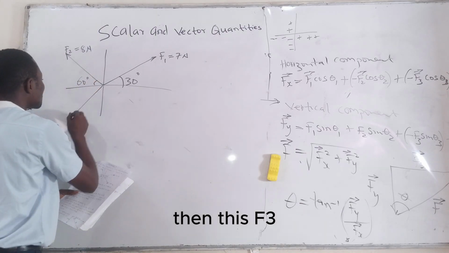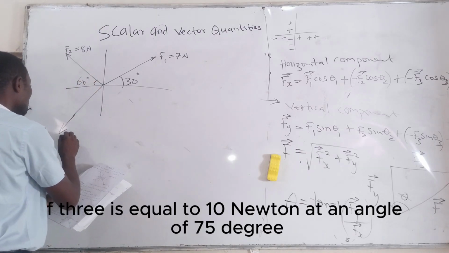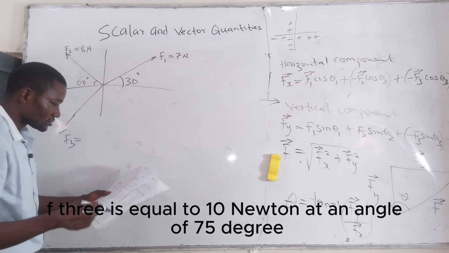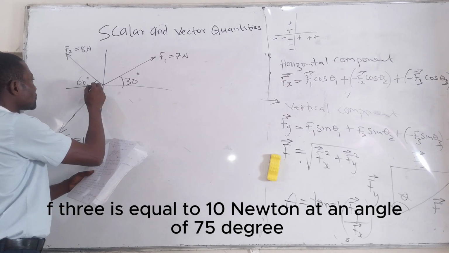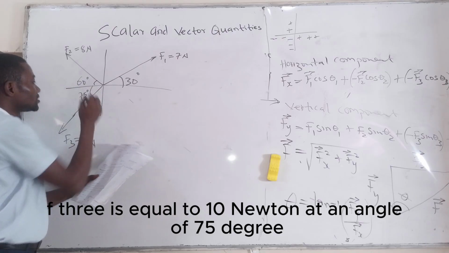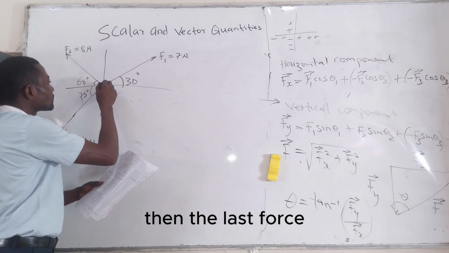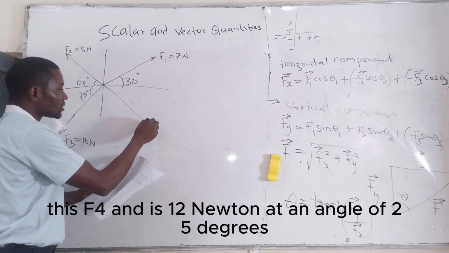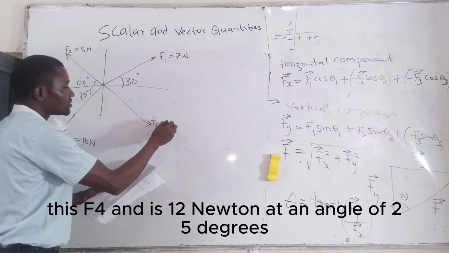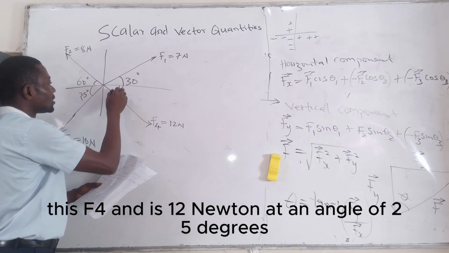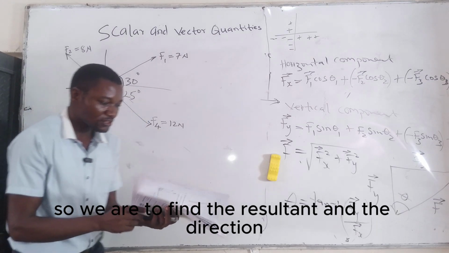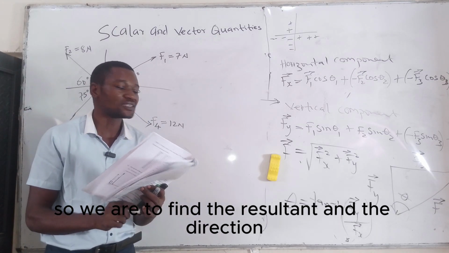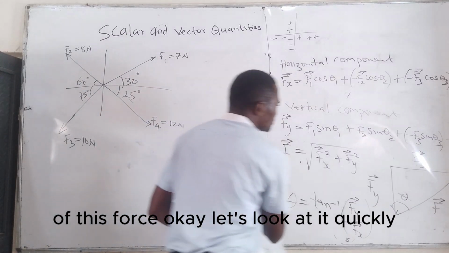Then this F3 is equal to 10 Newton at an angle of 75 degrees. Then the last force, this F4, is 12 Newton at an angle of 25 degrees. So we are to find the resultant and the direction of this force.